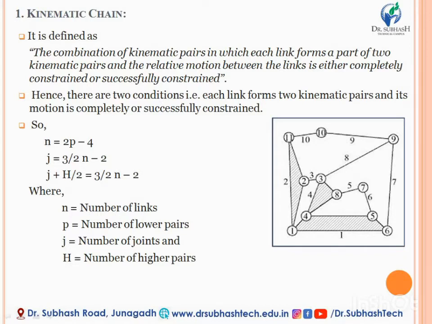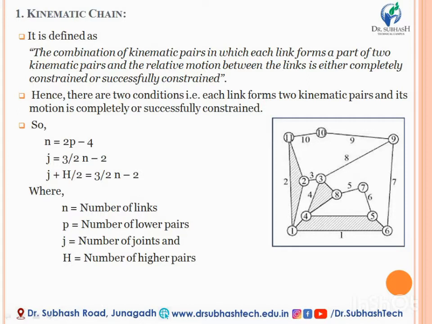But if you find a similar mechanism, or kinematic chain, in which four kinematic pairs are given and there is relative motion in between, then of course we can say that it is a kinematic chain. So in conclusion, in order to have a kinematic chain, each link should form a part of two kinematic pairs, and there should be relative motion between the links.